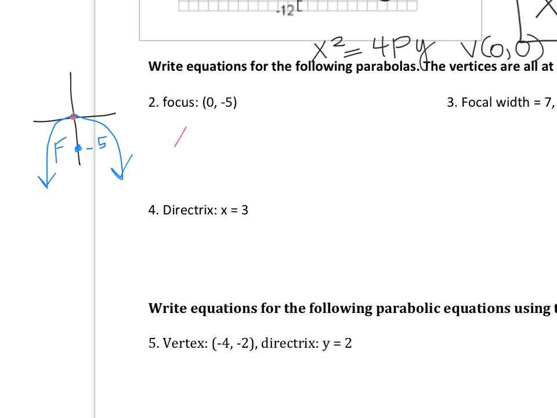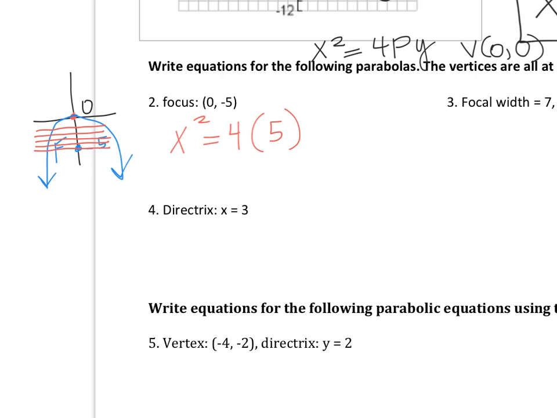So x squared equals 4 times p. What is the distance between the vertex and the focus? The vertex is at 0, 0, and the focus is at 0, -5. So let's count as if I had a grid: 1, 2, 3, 4, and then 5. So there's a distance of 5 between them.